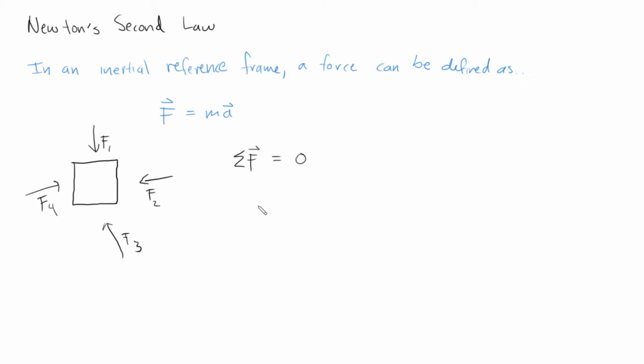And that's simply because we're going to be looking at static systems, meaning systems that do not move. So this very simple formula will help us solve a lot of problems.